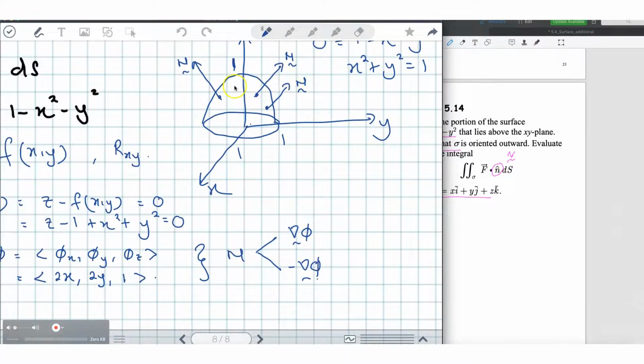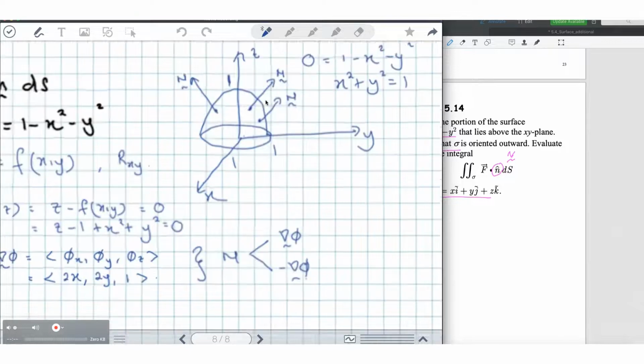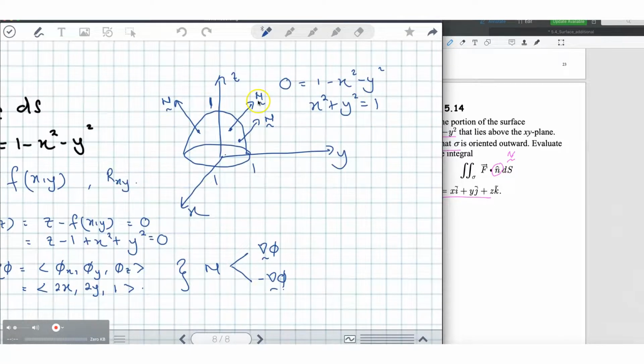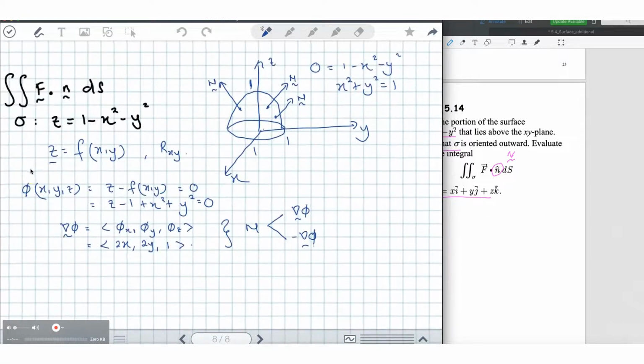And you can see that because we want the n always pointing outward, we only focus on the k component. According to the arrows that we have here, for the normal vector at this specific point, the k component always points to positive z, or positive k.